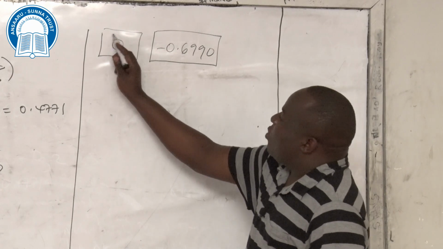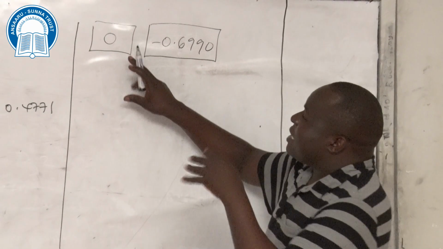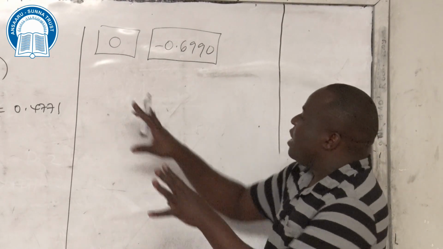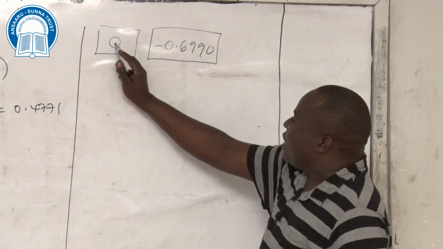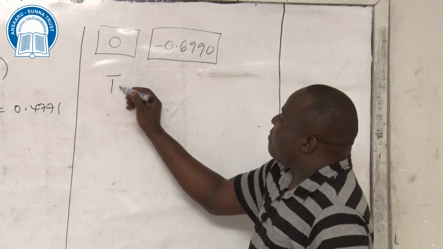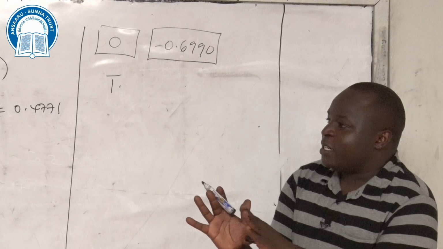My new characteristic, if it's either negative or positive, is valid for the characteristic alone. So if I borrow 1 here, I remain with negative 1. I'll write that as bar 1, meaning that the answer I'm getting is only for the characteristic.